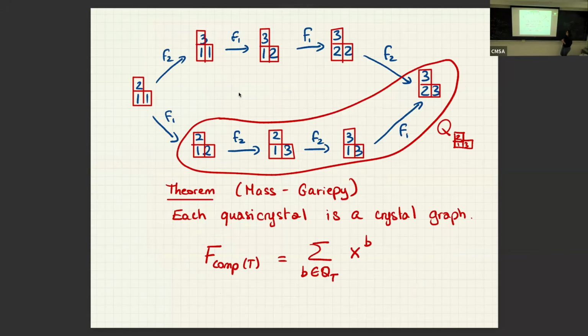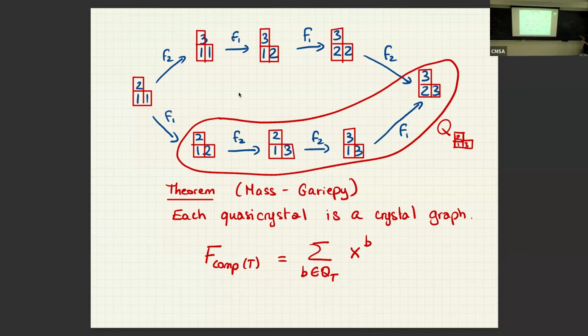So that's the theorem of Assaf and Searles, that each quasi-crystal is itself a crystal. Also, if I want to get the fundamental quasi-symmetric function of the composition of the tableau, I just get it by summing over all the tableaux in my quasi-crystal x to the weight. So I get the F of (1,2) here; this would be the sum of all these four monomials.